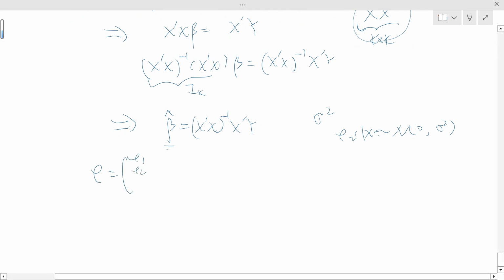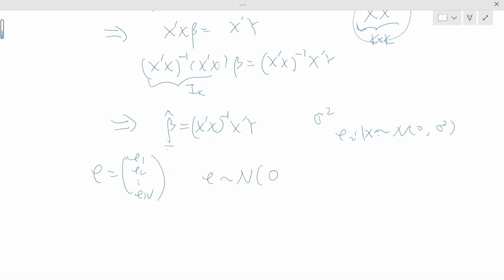We stack all epsilon i together on top of each other, so we get epsilon n, so this is an n by 1 vector.